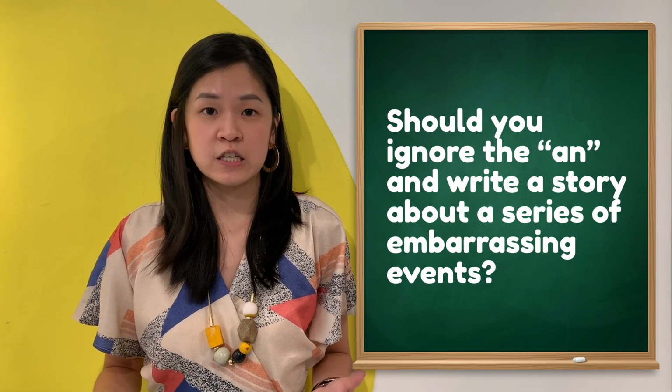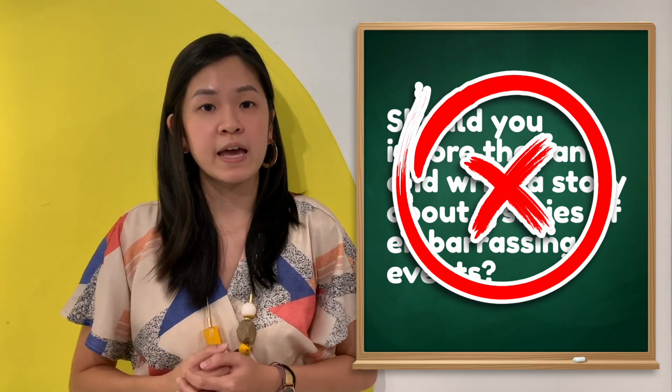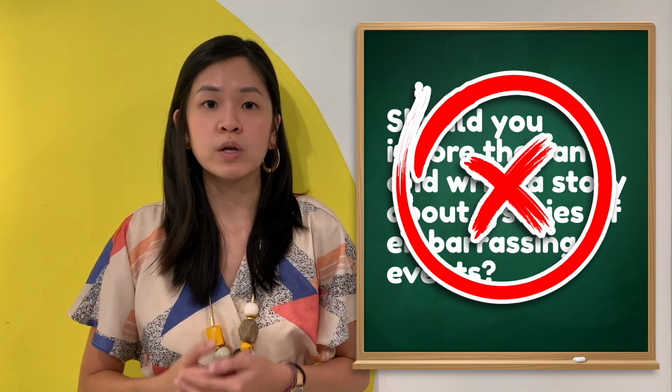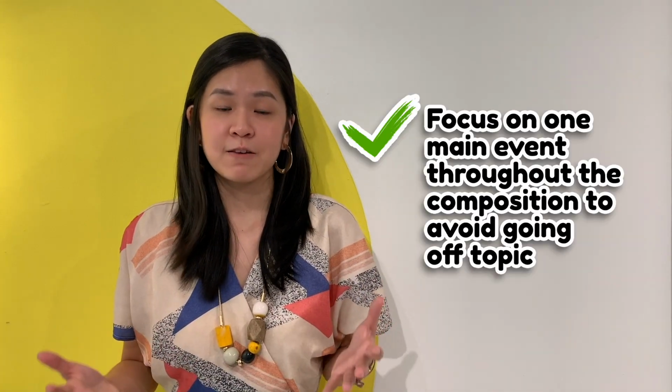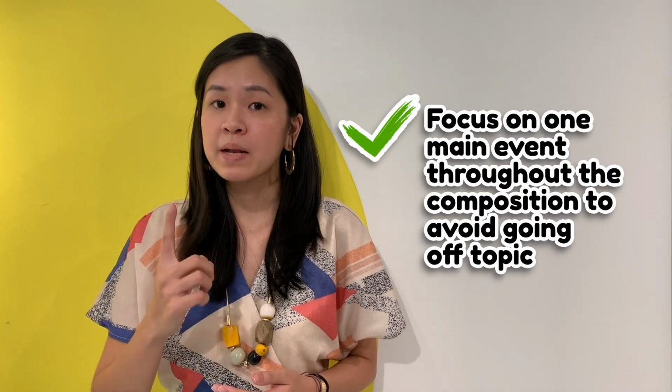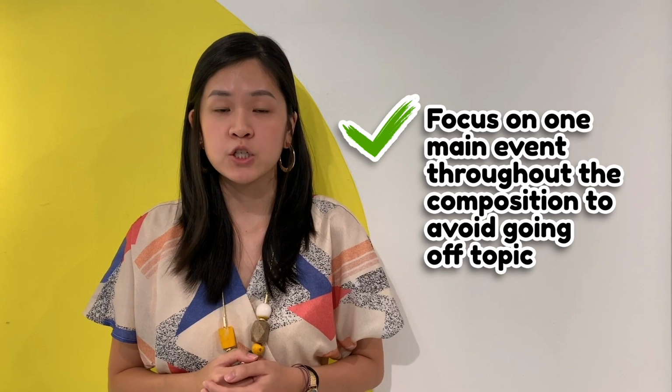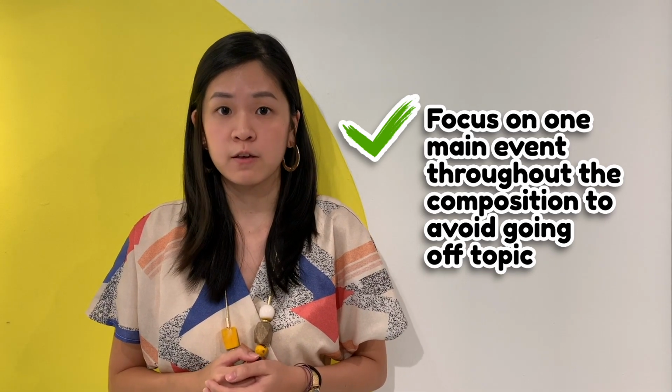In those cases, students will be marked down if the examiner is unable to pinpoint which is the main embarrassing incident. We always advise students to focus on one main event throughout the composition to avoid going off topic.